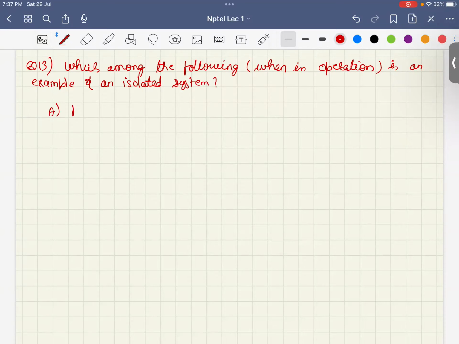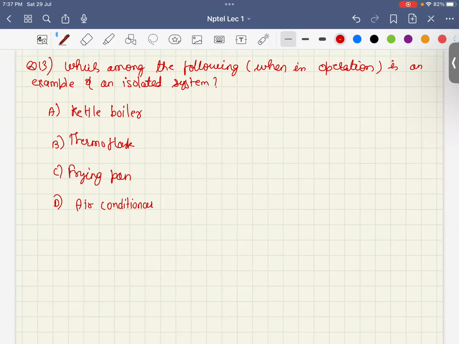Option A, heater; B, boiler; C, thermoflask; D, frying pan; and E, air conditioner.